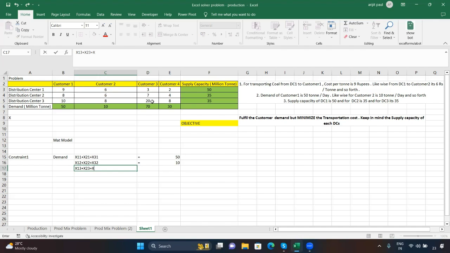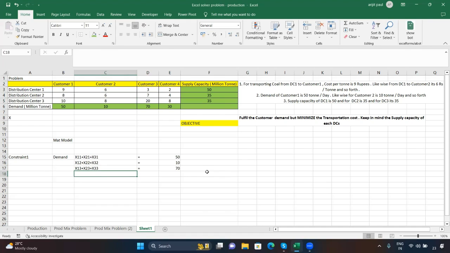This is the 33, equal to how much? 70. Okay. So this is the 13, distribution center 1, customer 3. This is 2, 3. And this is 3, 3. So x13 plus x23 plus x33.